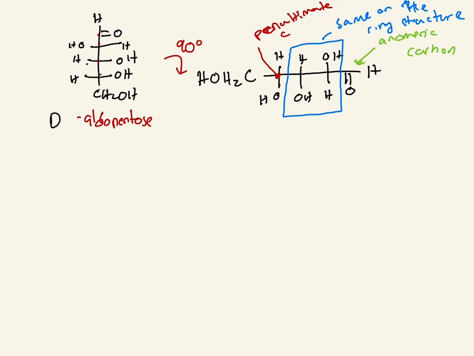And so what happens is, and this isn't something that you're tested on, this aldehyde part of the functional group reacts with the alcohol side of the penultimate carbon, right? And so if these two come together, they're going to form a hemiacetal.